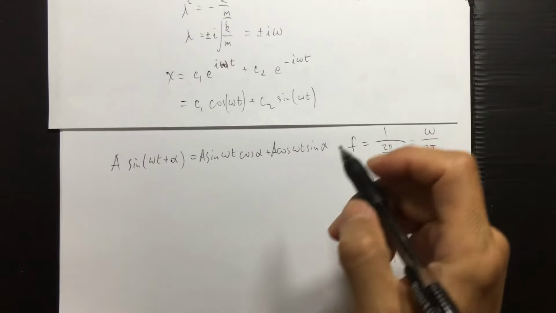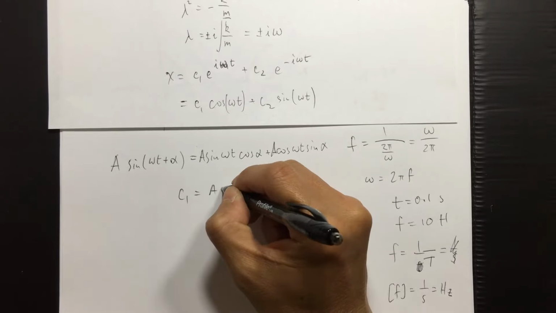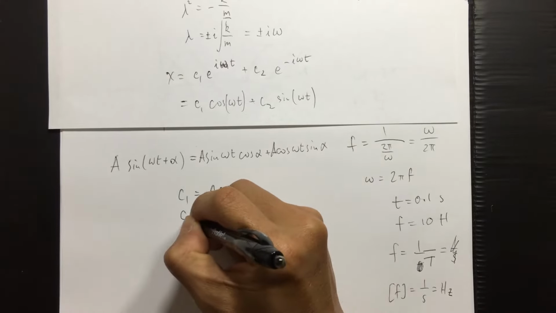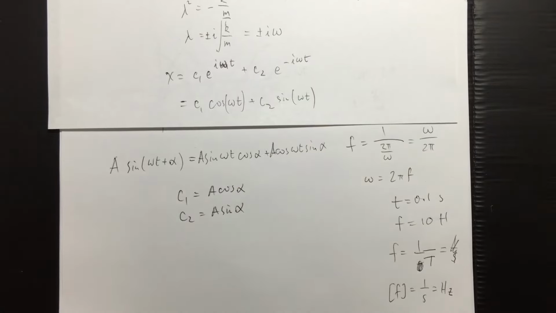Look at this. C1 equals A cosine alpha, C2 equals A sine alpha. This is doable. You can figure this out, because C1 squared plus C2 squared is A squared.